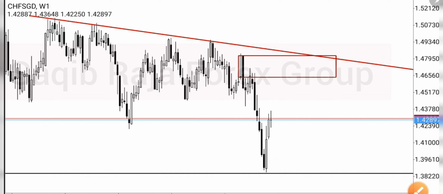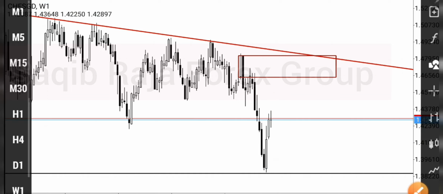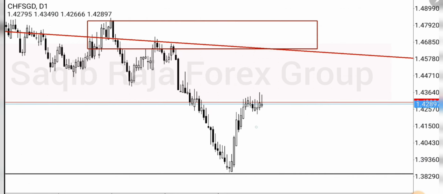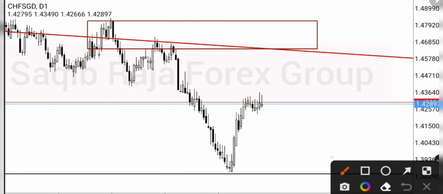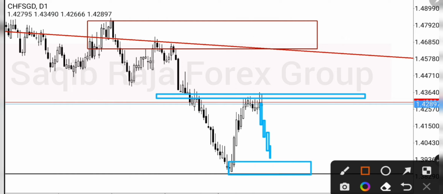But let's see what's going on the daily chart. Let me open that. Okay, I'm waiting for that. Maybe the market moves up with the first move, but that could be our weekly curve area. Maybe we see some retracement, but this is our area. Why?